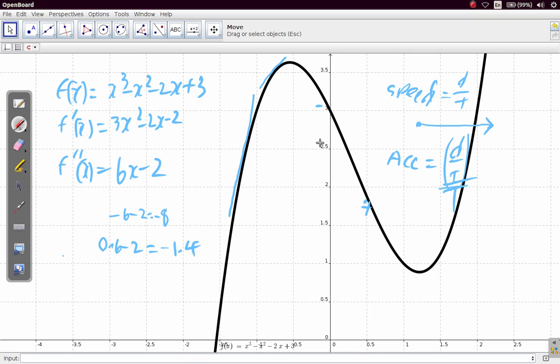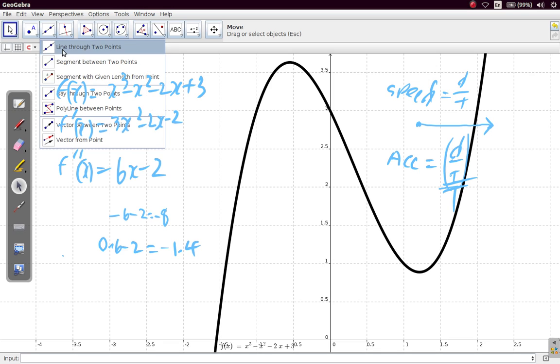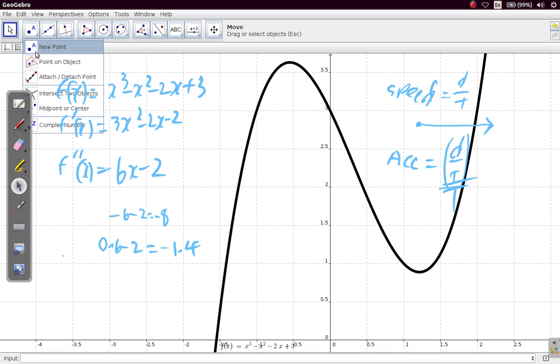Now you got negative values right along here, and then at some point it changed to positive. Now what's going on here is this. Let me, if I can get a tangent. All right, I want a tangent to the curve.